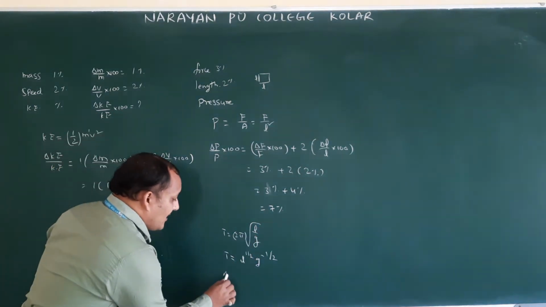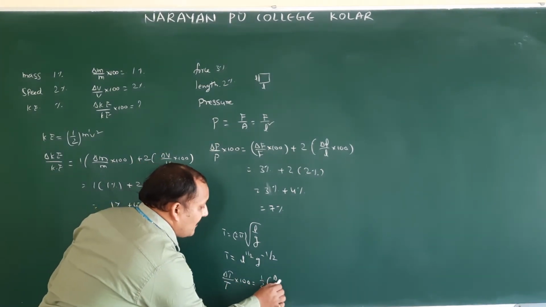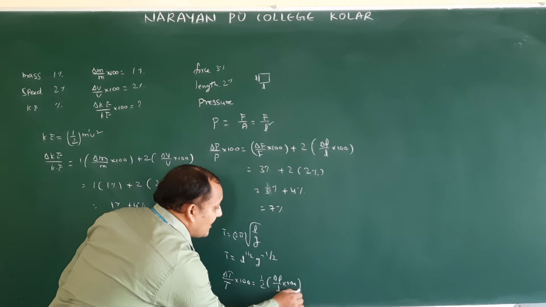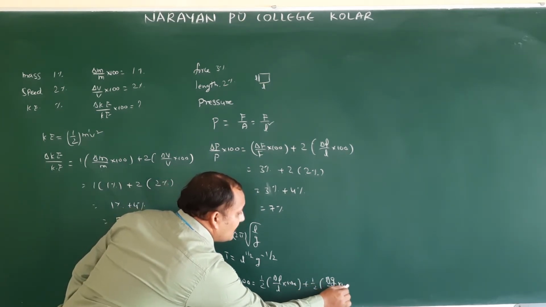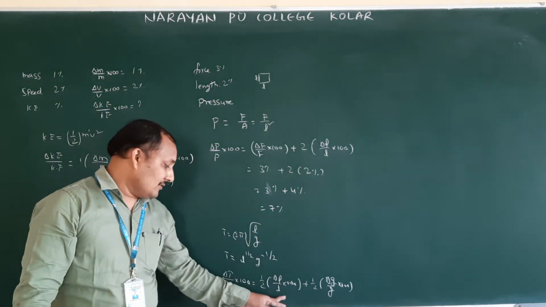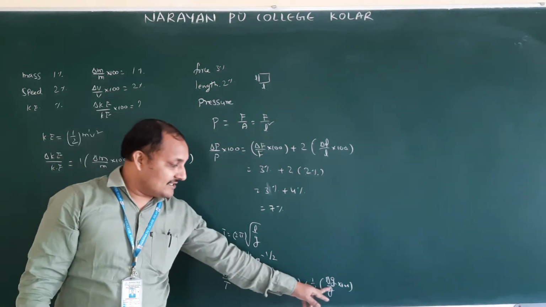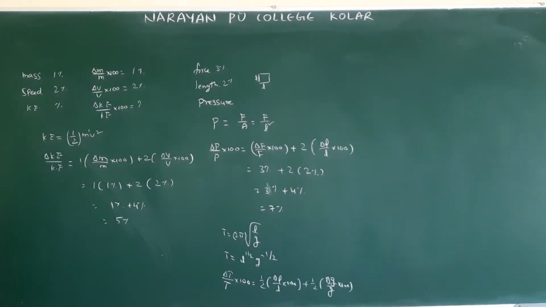Then how we will write? Delta T by T into 100 is equal to 1 by 2 into delta L by L into 100 plus 1 by 2 into delta G by G into 100. So this one and this one you can know. Therefore, you can find this one and this one, they gave 2% and 3%. Just substitute, you will be getting the answer.